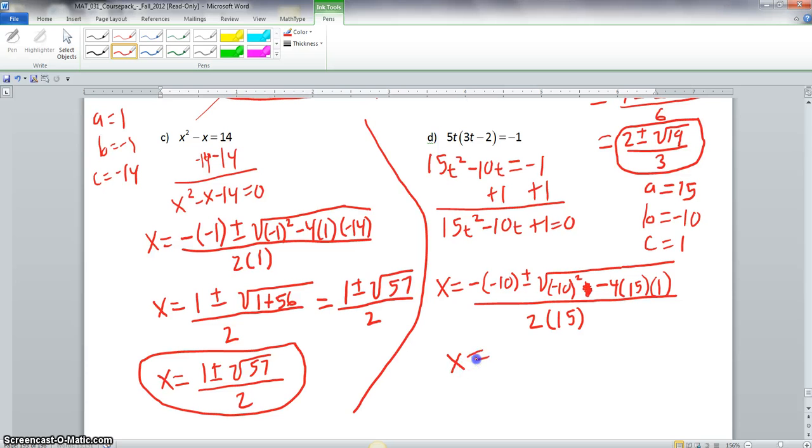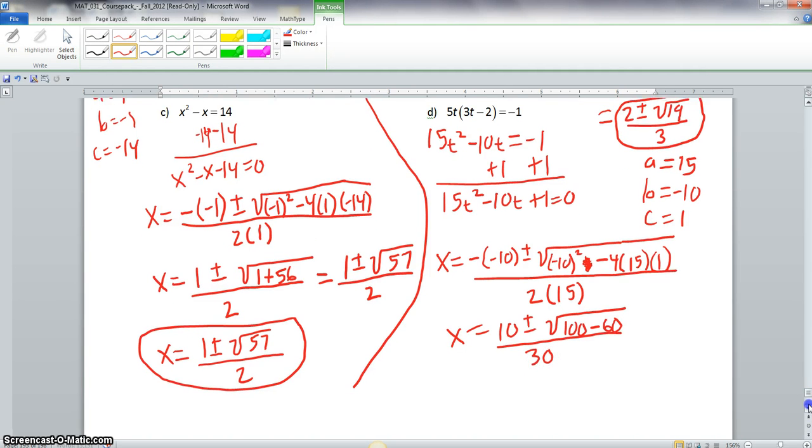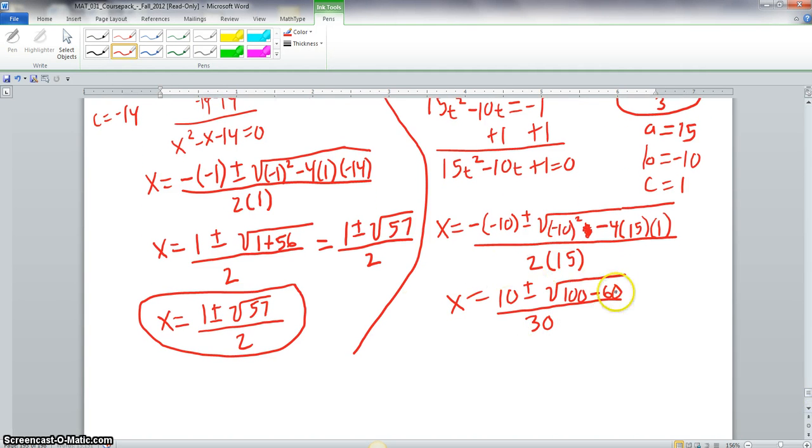Now, this will give us 10 plus or minus the square root of 100. Now, minus 4 times 15 will give us a minus 60 times 1, which will give us a minus 60. And that's all over 30. So, we will have 10 plus or minus the square root of 40 all over 30.